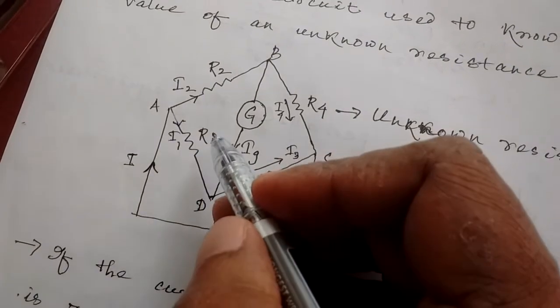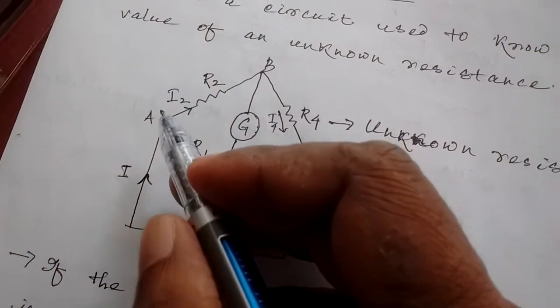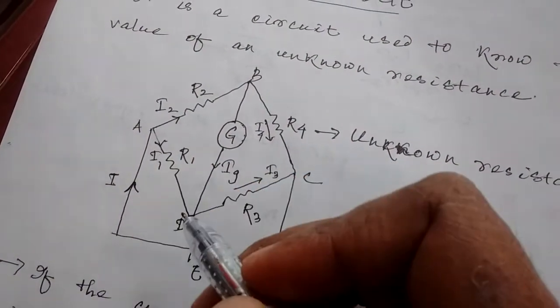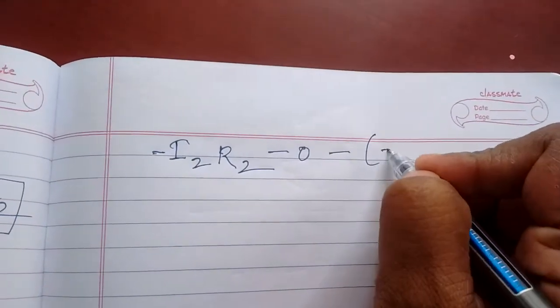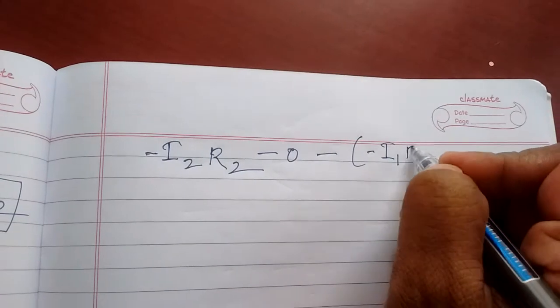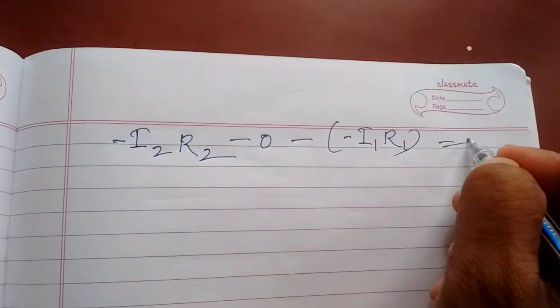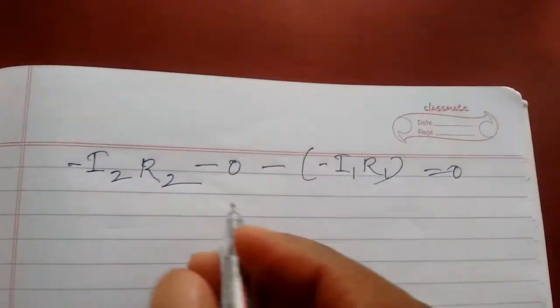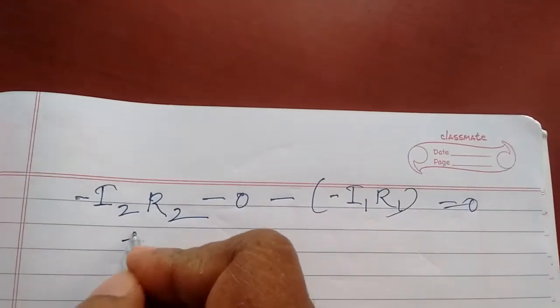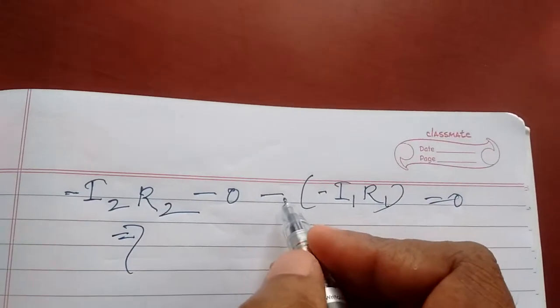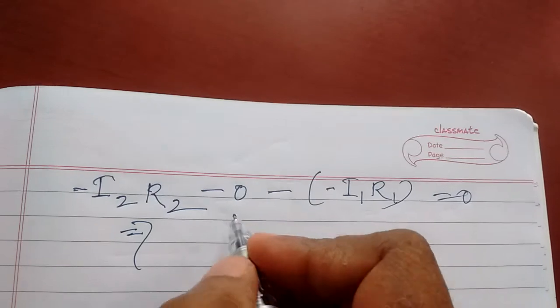What is the drop? I1 R1, but I1 is in the opposite direction, that's why we have to put another negative sign. So I1 R1 is the drop, but it is in the opposite direction, that's why minus I1 R1, total equal to 0. Now the net equation becomes minus minus plus, it will be minus.